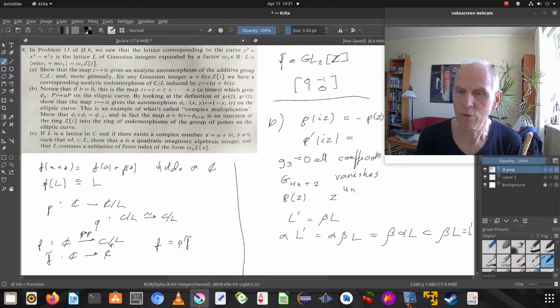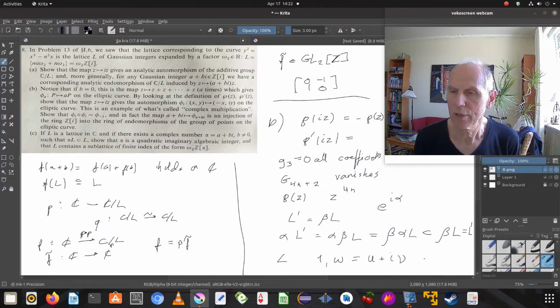So alpha will also map L prime to itself. Therefore, we can rotate it in some angle, and we can scale it with a real number, so that the lattice may be generated by unity, and then some omega, which we write u plus i nu, where nu is distinct from 0.